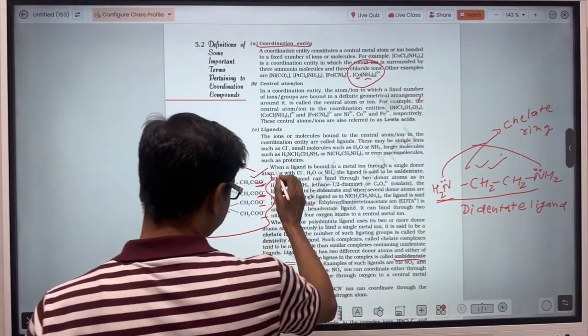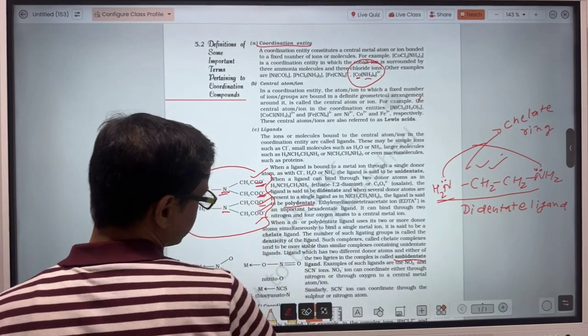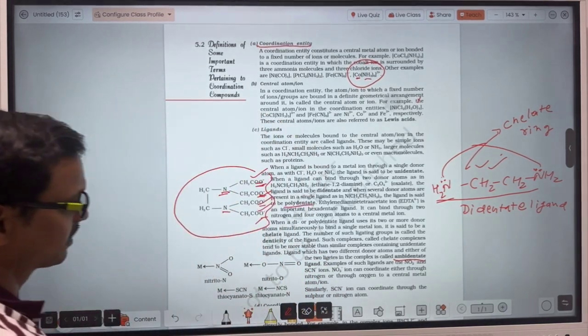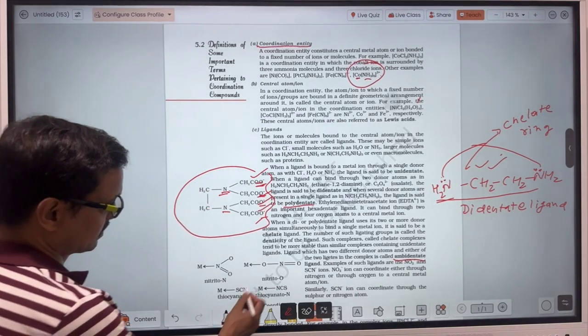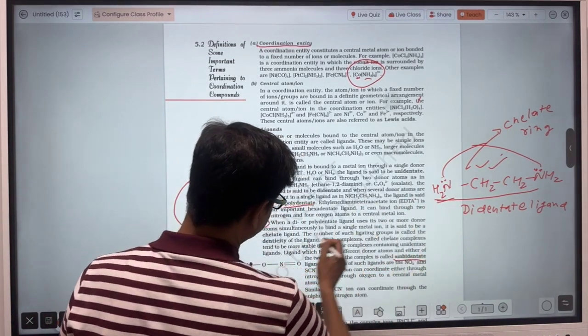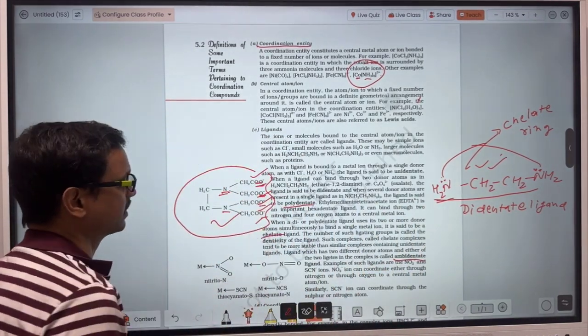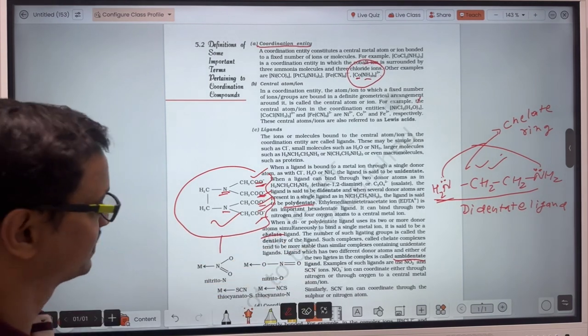So how many electron pairs are donated, that is polydentate ligand. Didentate ligand and polydentate ligand are called chelate ligand.